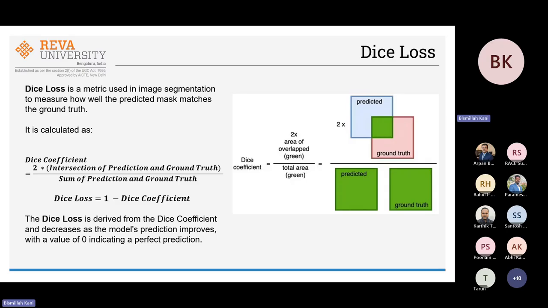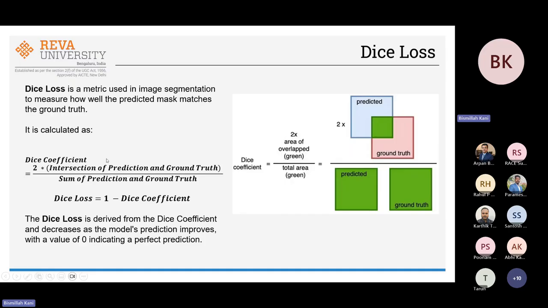For the dice coefficient, you take the sum of the predicted and the ground truth mask, then you take the intersection of the predicted mask and the ground truth mask, and you take the ratio of that. That basically tells you how good the predicted mask is.